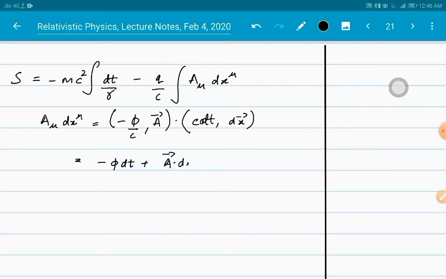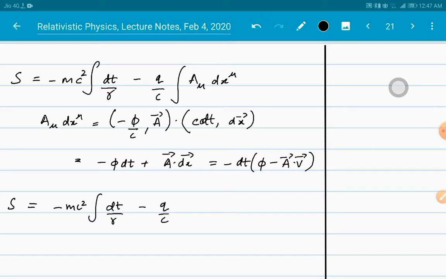plus a dot dx. And once again, I can take dt common and write this as minus dt into phi minus a dot v. So our action is minus mc squared integral dt by gamma minus q by c integral of, so now we can write this as a plus sign, phi minus a dot v times dt.